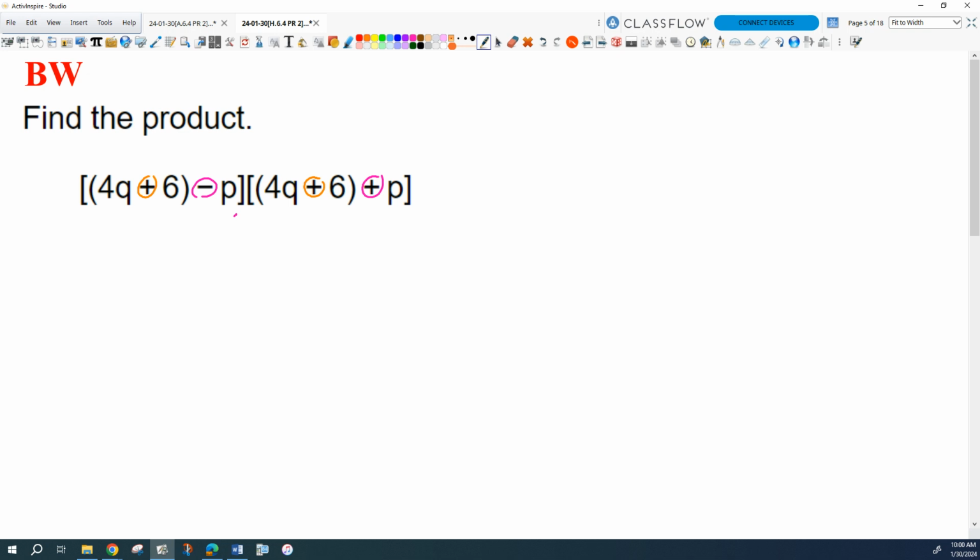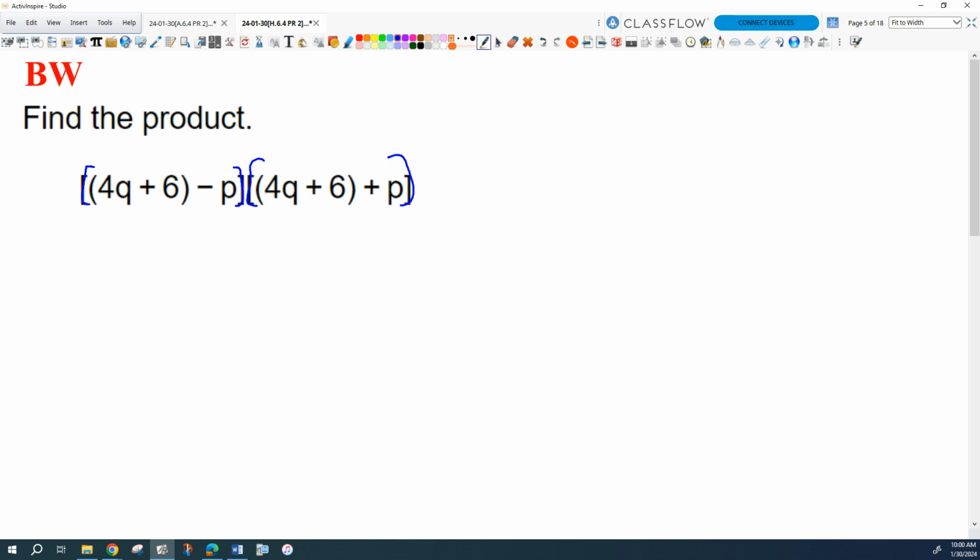When we look at this at the very beginning, we see that I have brackets that enclose parentheses. So the first thing we have to look at are the brackets. What pattern do we have with those brackets?